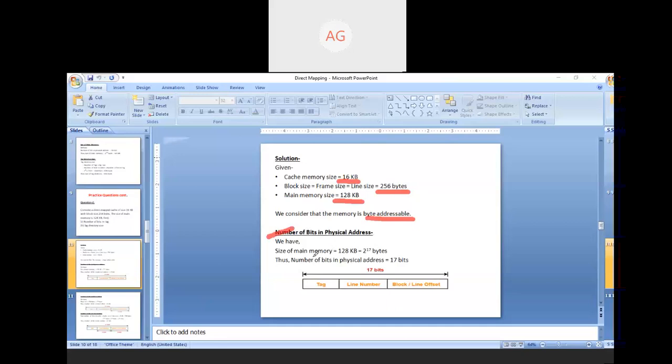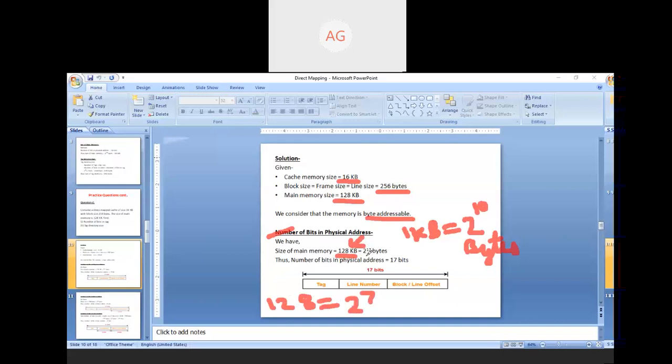We have the size of main memory given to us, which is 128 KB. As we know, 1 KB is equal to 2 to the power 10 bytes, and 128 is equal to 2 to the power 7.